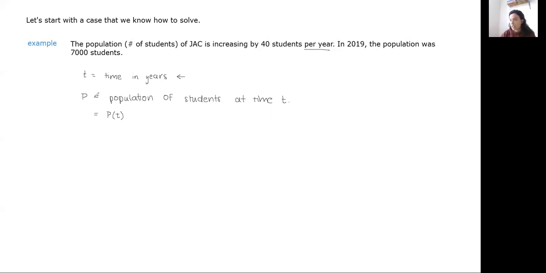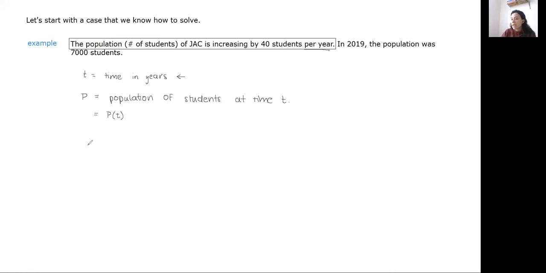So this is just how I'm naming my variables. And now what I'm going to do is try to actually model the information that is given in this problem. I'm going to start by modeling the part where the population of the students is increasing by 40 students per year. So this is telling me that if I look at the change of the population within a year, that result is equal to 40.